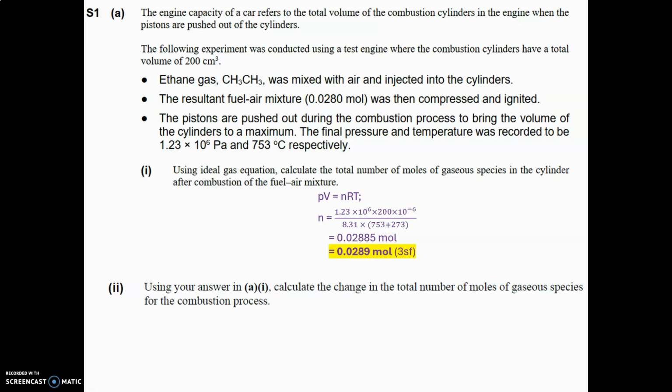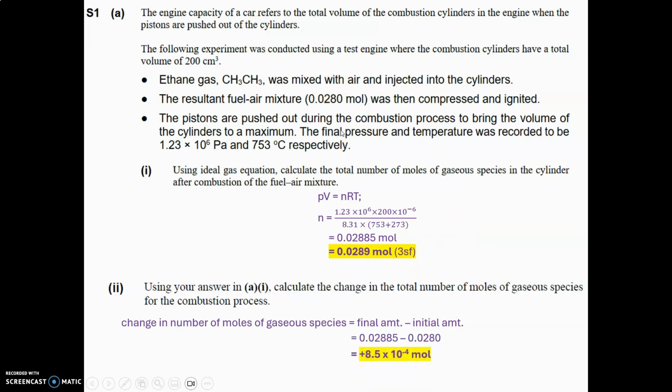Part 2, calculate the change in the number of moles of gaseous species for combustion. So the change in number of moles of gaseous species will just be the final number of moles minus the initial number of moles. So it will be this minus this, which will be positive 8.5 times 10 to the power of negative 4 mole.